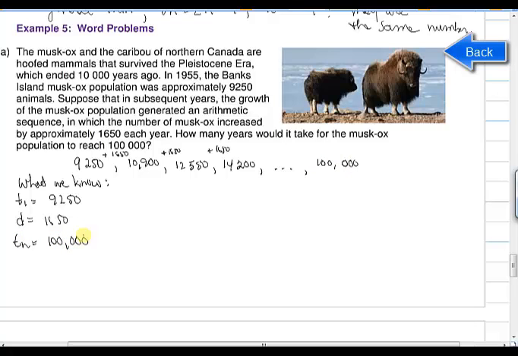And so if we go to our general term, which is t subscript n equals t1 plus n minus 1 times d, and we plug in what we know, t subscript n is 100,000 and t1 is 9,250, and we don't know what n is, and we do know that d is 1,650. You can see by looking at our equation that we're looking for n, and so n must be the number of years.